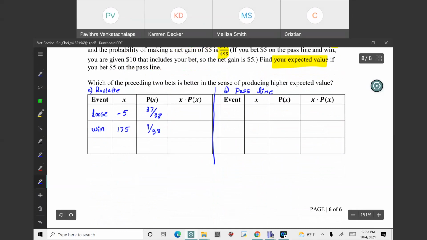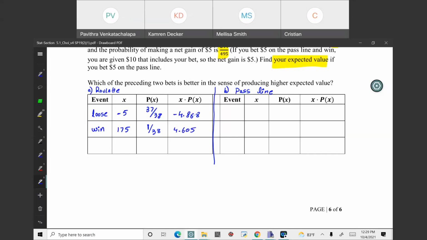Now how do you find x into p of x? Multiply the first and second column. How much do you get? Roughly, and next is 4.605. Okay, so how do you find the mean?